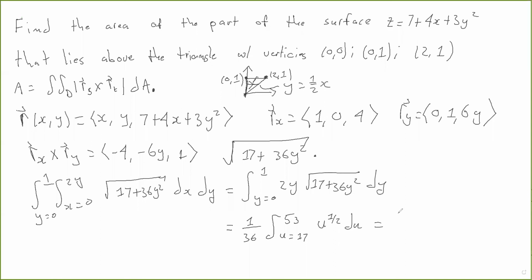If you compute this, it is 53 times the square root of 53 minus 17 times the square root of 17. Okay, and so that is how you do this.